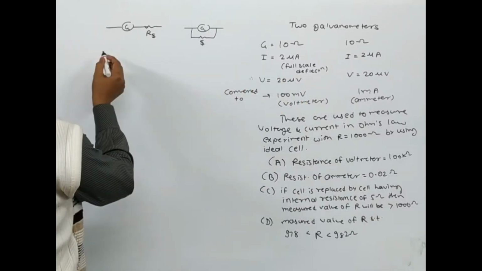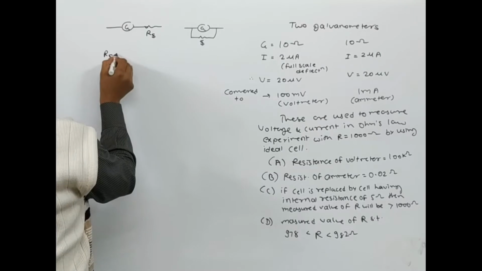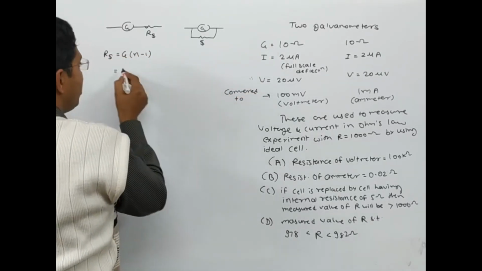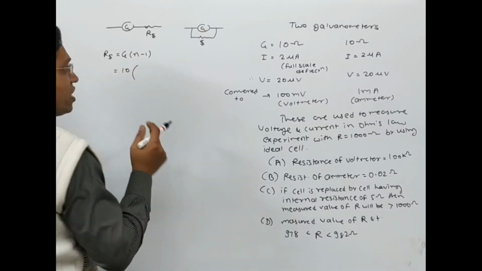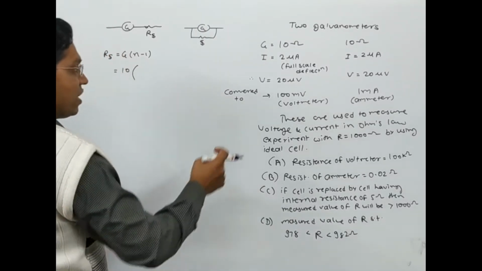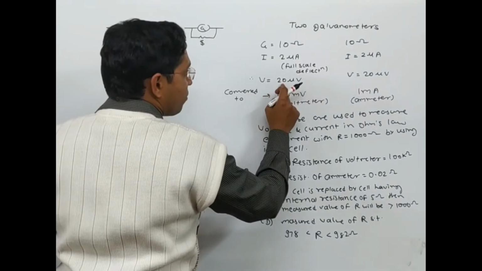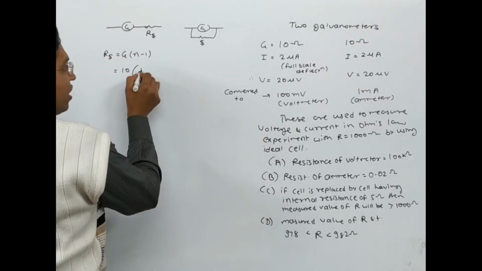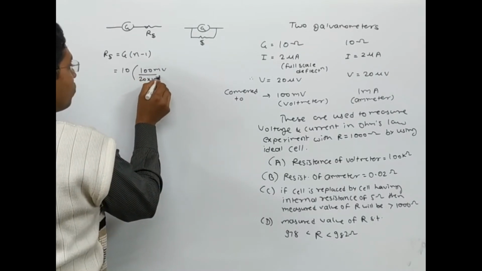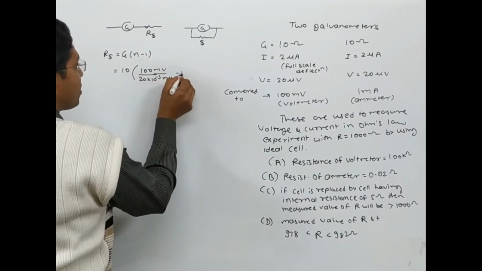Now for finding that, we have the formula RS is equal to G into N minus 1, where G is 10, and N is how many times you are increasing its measuring capacity. It was 20 microvolt and now you are making it 100 millivolt. So N is 100 millivolt upon 20 into 10 raised to minus 3 millivolt, and then minus 1.